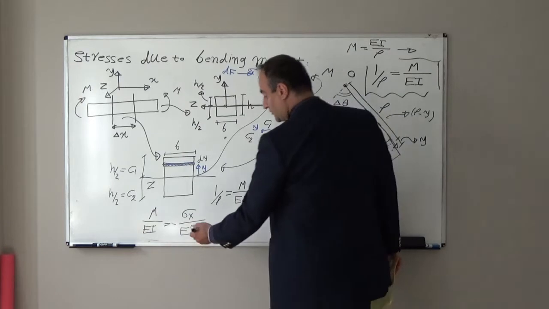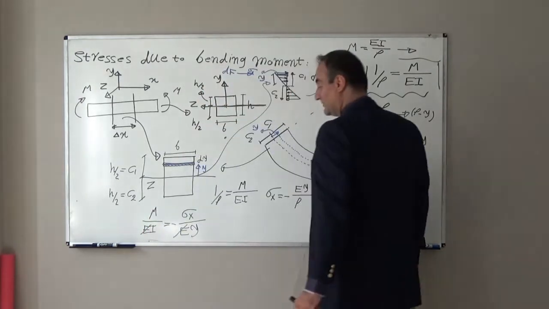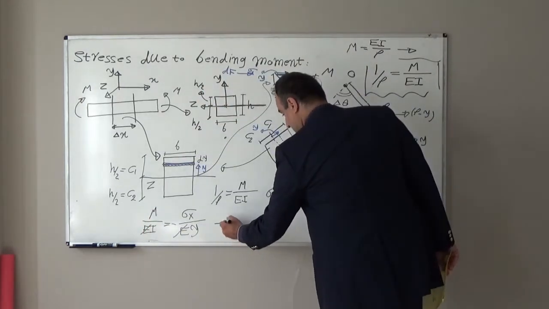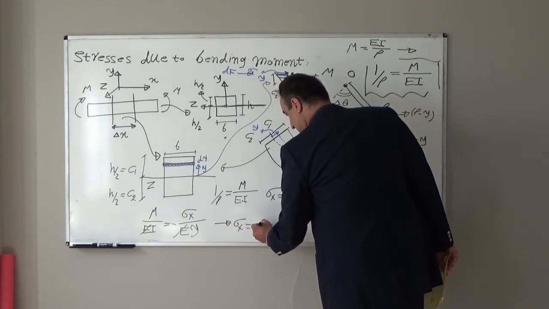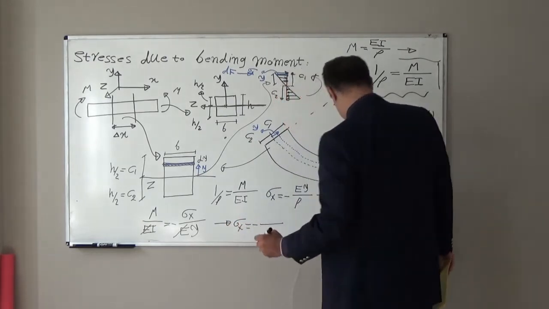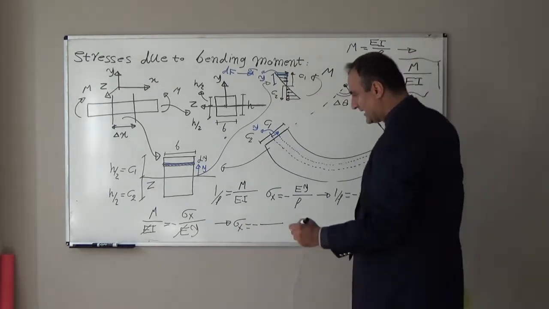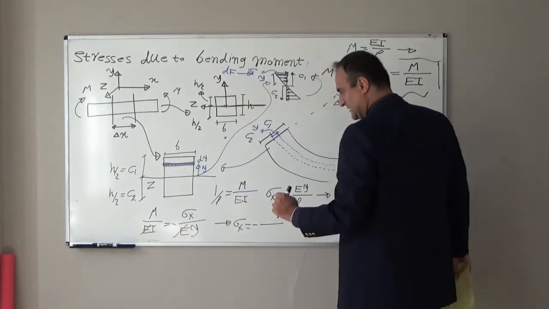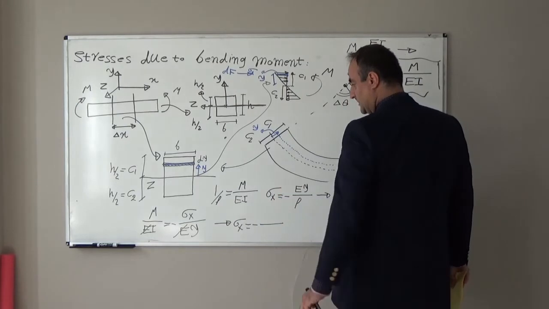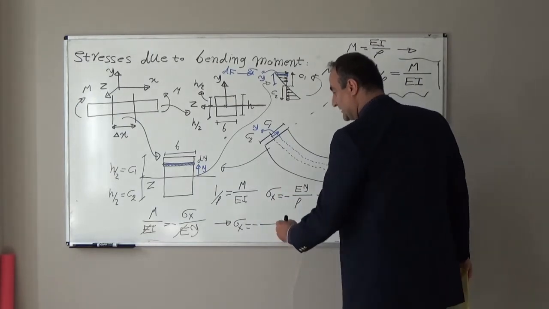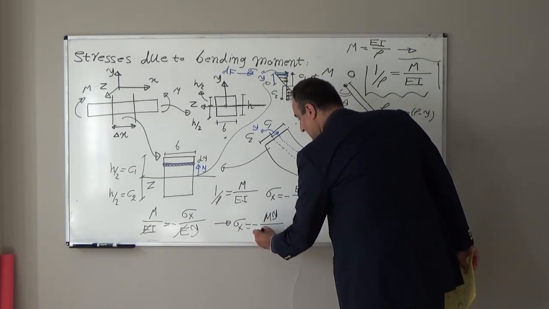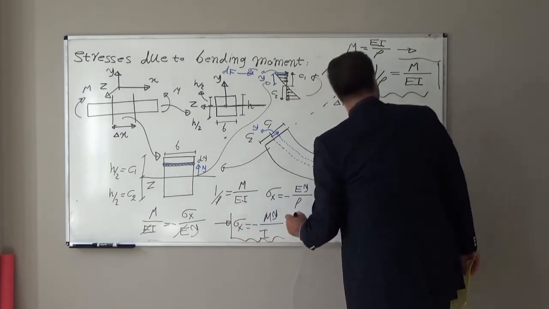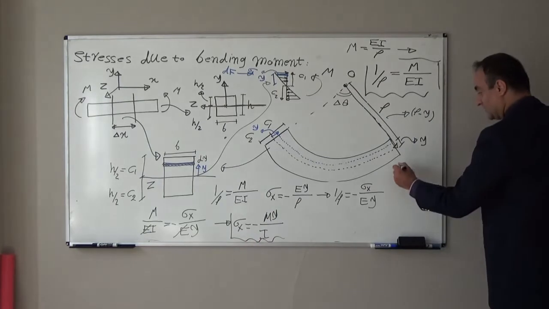From here, on both sides E will cancel each other, and I can write sigma x is equal to negative M y over I. This is a very important formula.